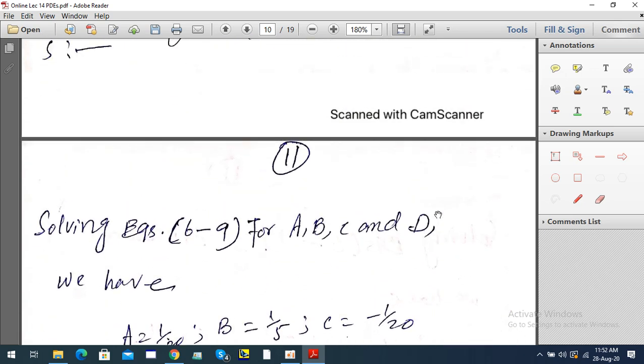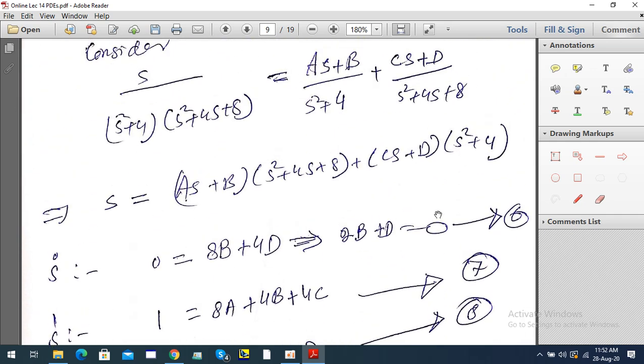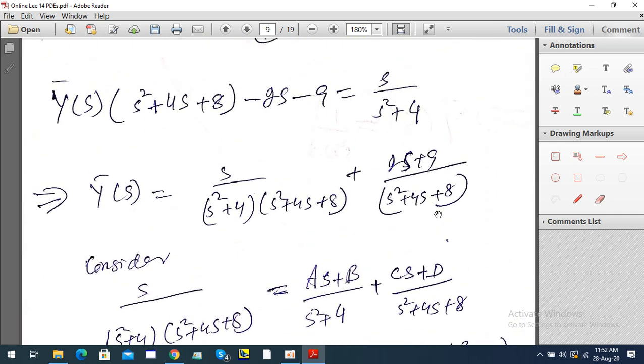There is no need of partial fractions; I have just written 2 by this thing and plus 9 by this thing.